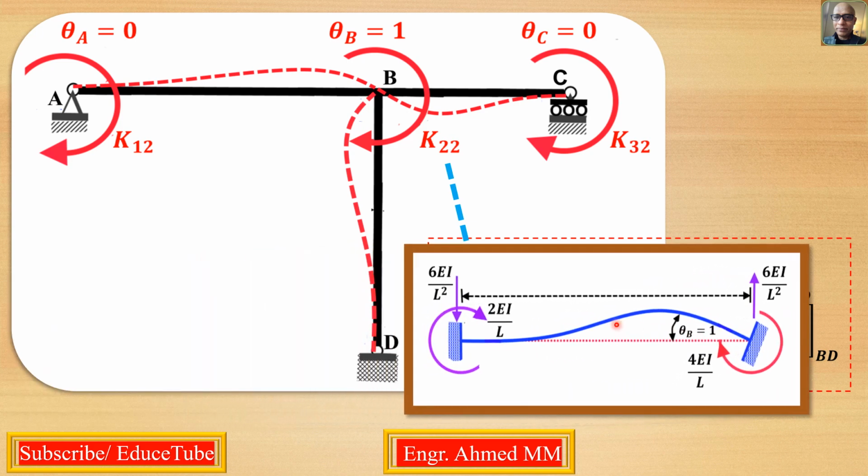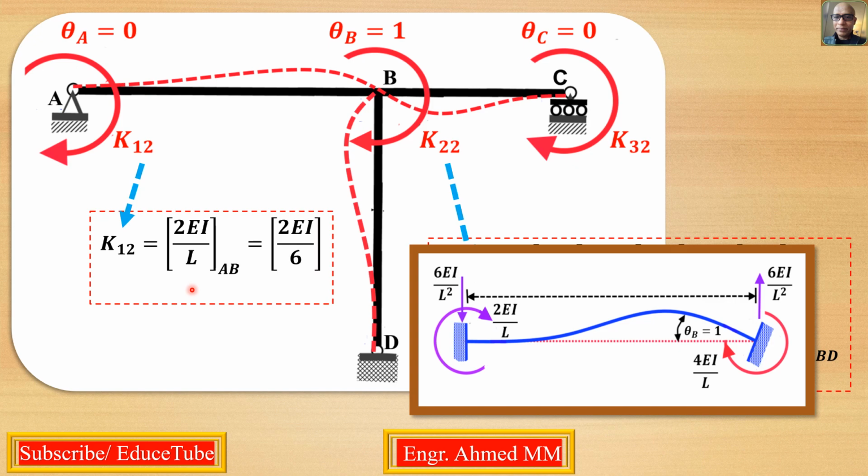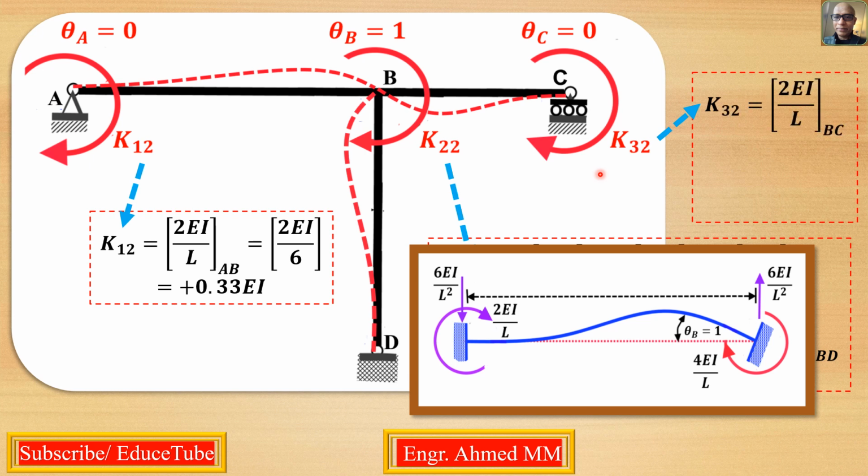For the second one, we are sure now that it will be 2EI over L, because it is the far end of the same beam. So it will be 2EI over L. Now it's clear. For this one also it will be the far end, so it will be 2EI over L. So that is the result we have.